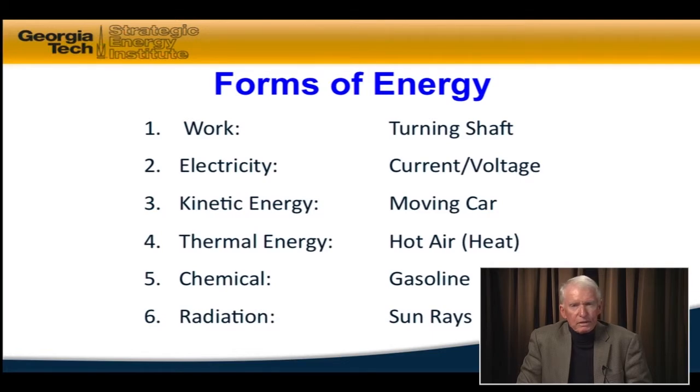Gasoline is an example there. Gasoline has chemical energy in it, and we carry out a chemical reaction of that gasoline with oxygen in the air, as we saw in the formula when we were talking about oil, and that releases that chemical energy as thermal energy or heat, and produces a very high temperature flame that we can use to heat homes or to heat hot water or drive a power plant.